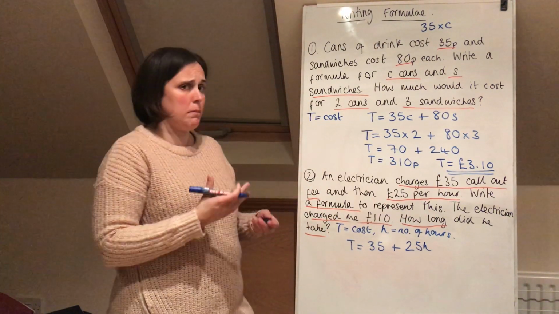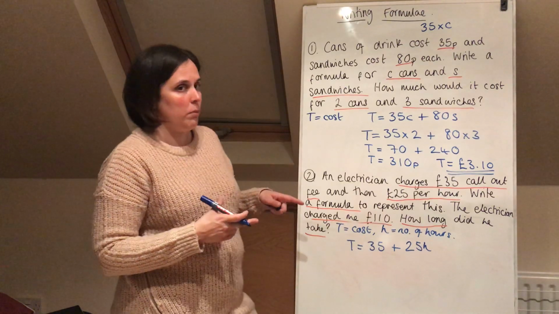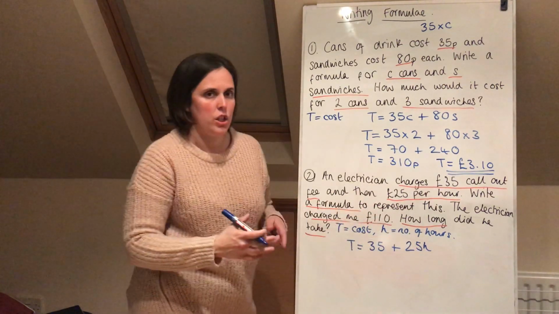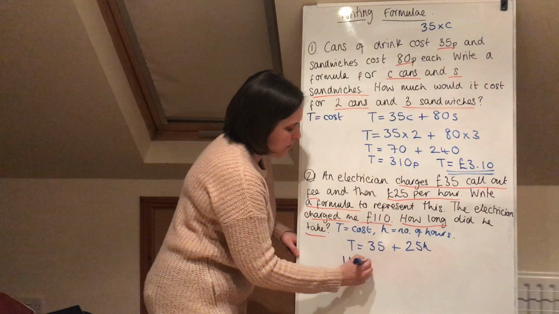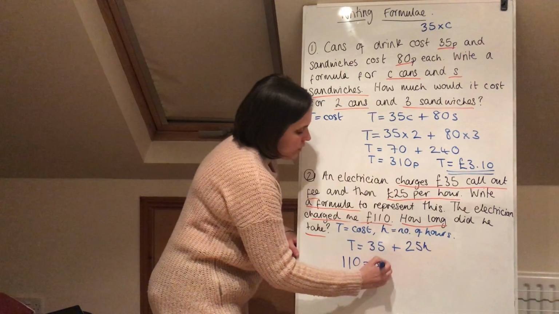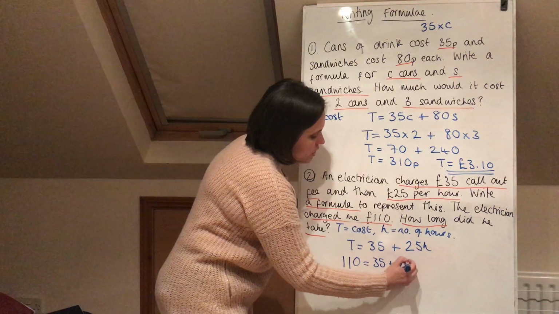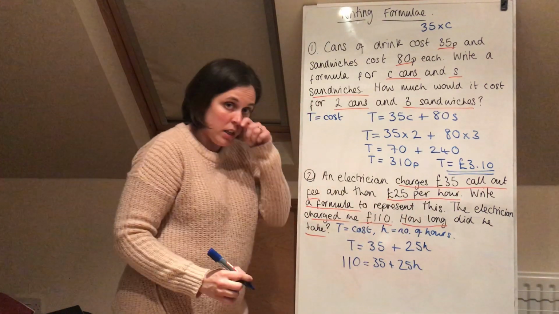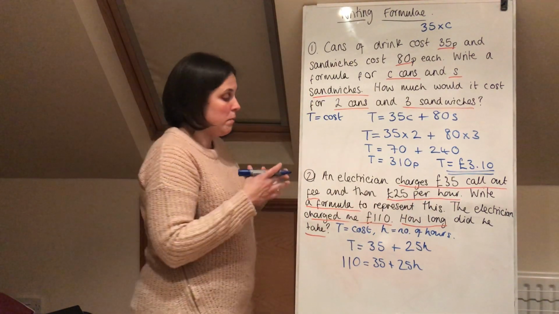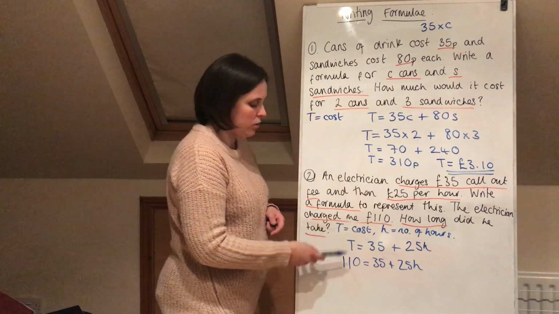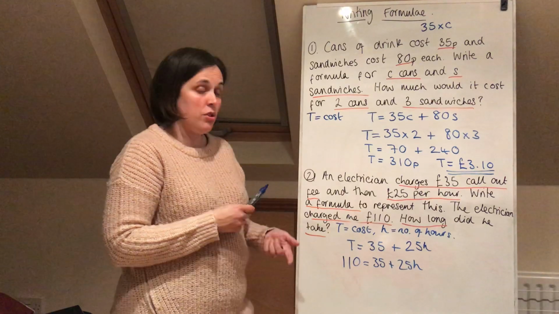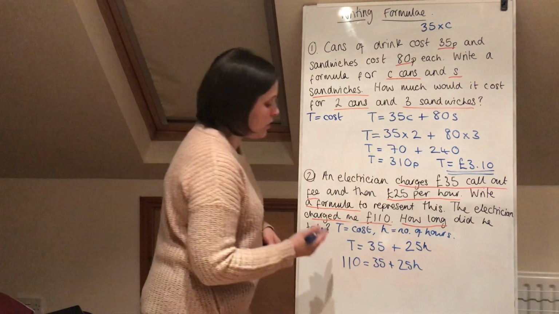Now the next question is a bit more tricky, because this time you're not told the number of hours, you're actually told the cost. So we're told that it costs £110 for the electrician to come out, and the question is, how many hours is he there for? So you just write out your formula, you replace in the formula the number that you've been given, so the total cost for 110, and then you solve it like you would any other equation.